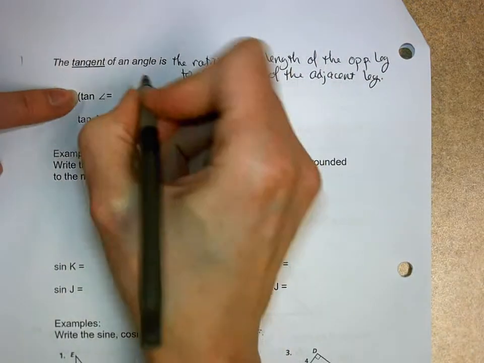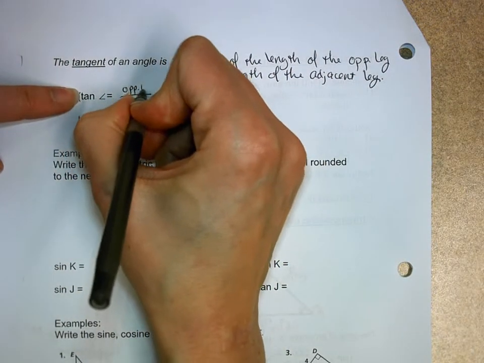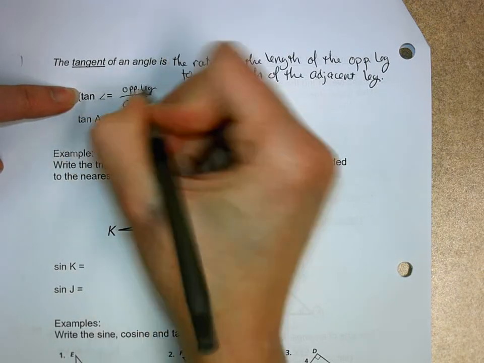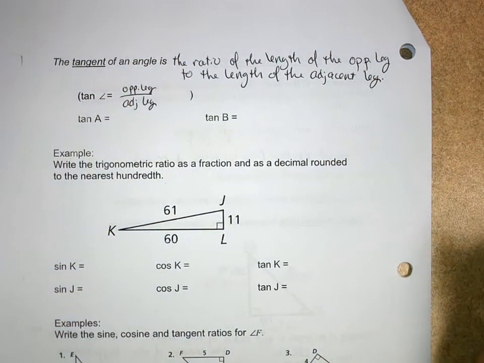All right, so what's my abbreviation? Opposite leg over adjacent leg. All right, so those are going to be our values.